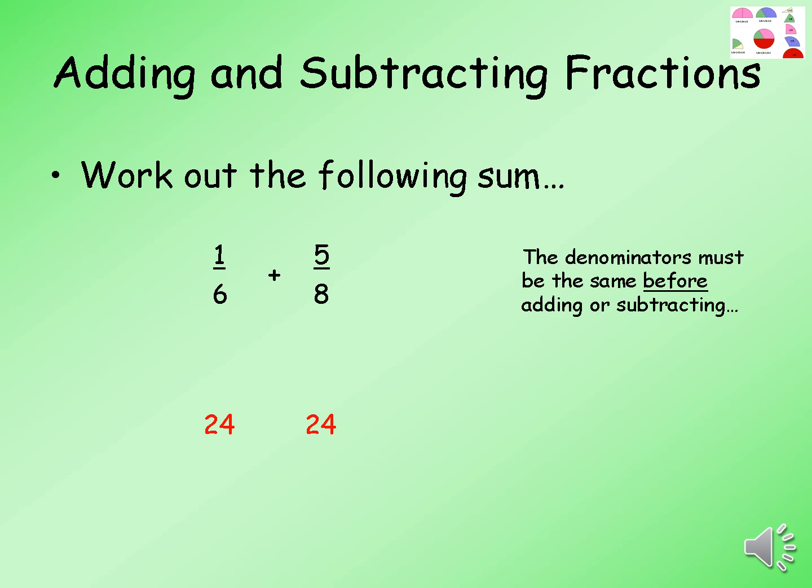The answer is we multiplied by 4, so we must do the same. So 1 times 4 is 4, and on the other side we multiplied 8 by 3, so 3 times 5 is 15. Then we simply add the two together, and our answer is 19 over 24.